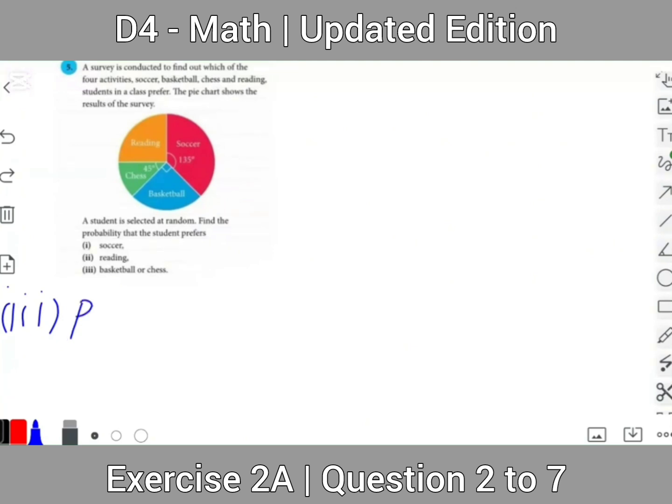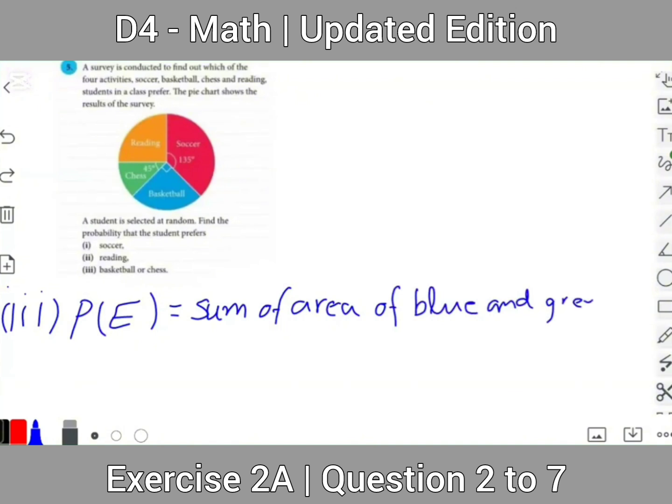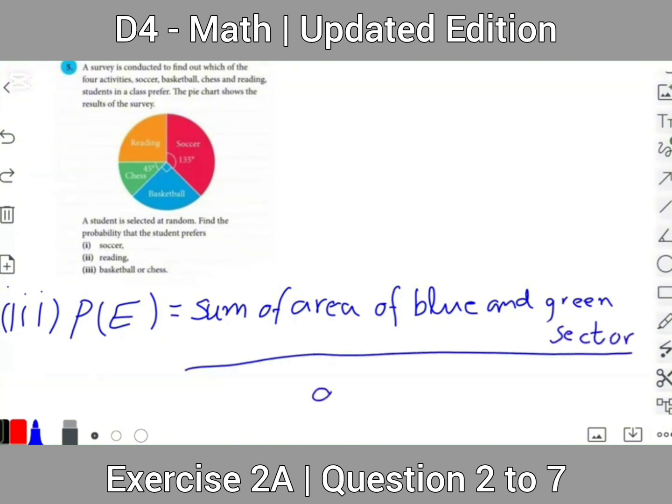So the probability of E will be equal to the sum of areas of the blue and green sectors over the area of the circle.